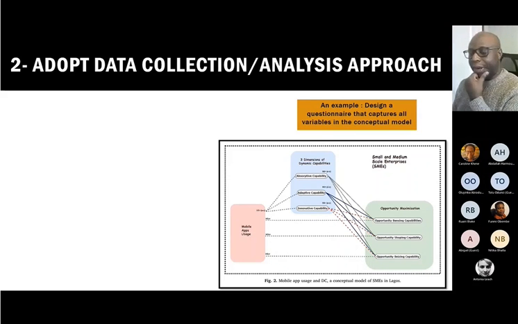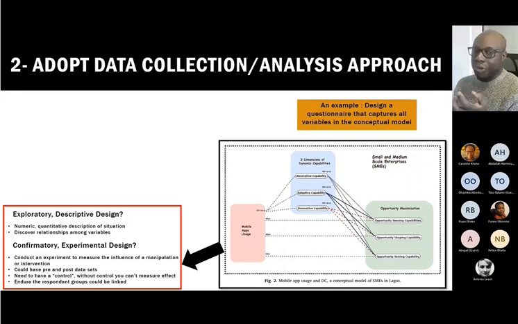When you have this kind of model, the question is, what are the variables that I have here, and what constructs would represent these variables? That's what I already explained in terms of exploratory descriptive design and confirmatory experimental design. I don't want to go into that again.